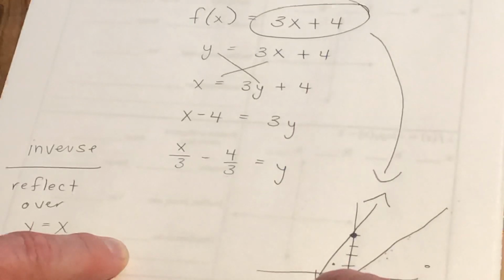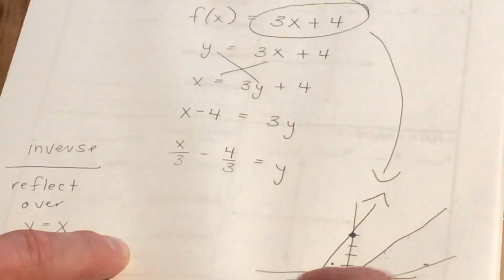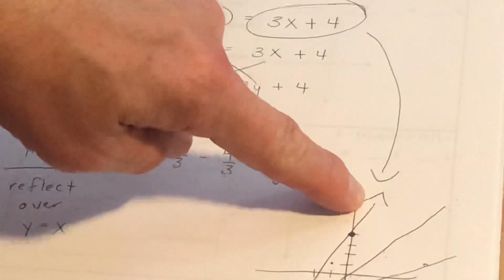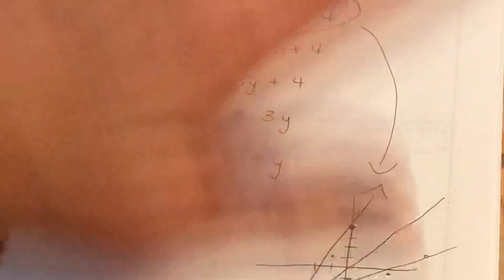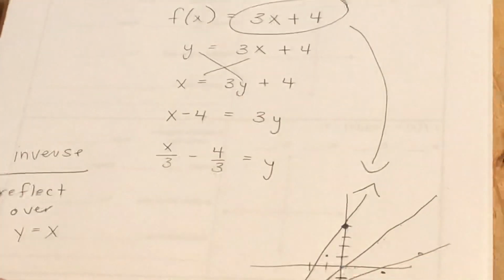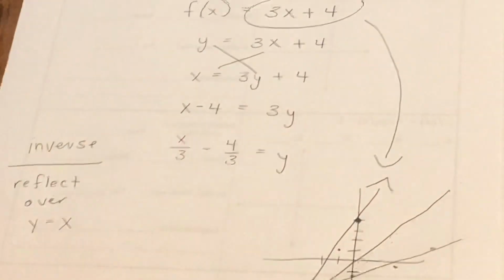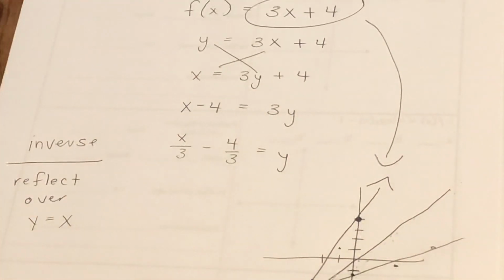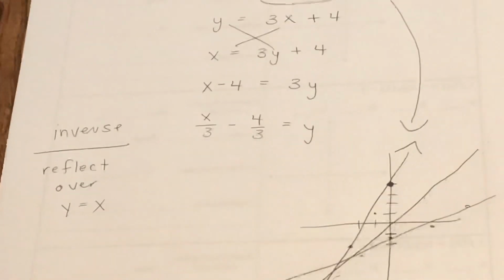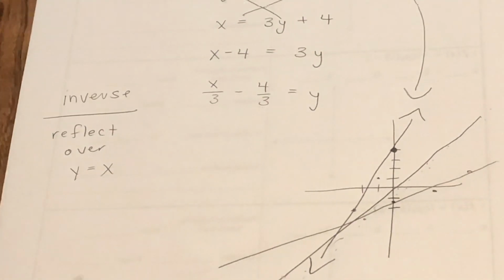It would end up looking something like that, which is basically taking this original one with the arrows and folding it over this line, and this line would be this function. So that would be the inverse of it. It's a little bit harder to see when they're linear functions, but we have done this, whether you remember doing it or not, okay?